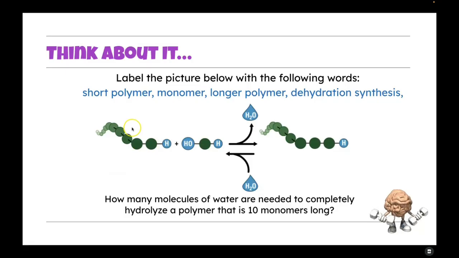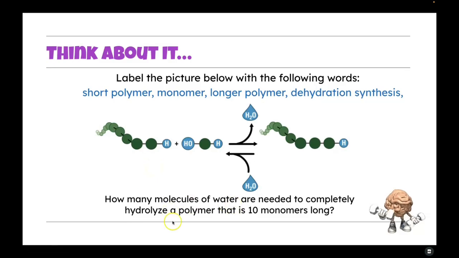You could see that you're going to combine two monomers to make a polymer. Synthesis meaning to create. So you're not lysing, you're not breaking anything, you're creating something. And dehydration meaning you're going to have water as a byproduct. You're removing water, right? So here you see your monomers combining to make a polymer.